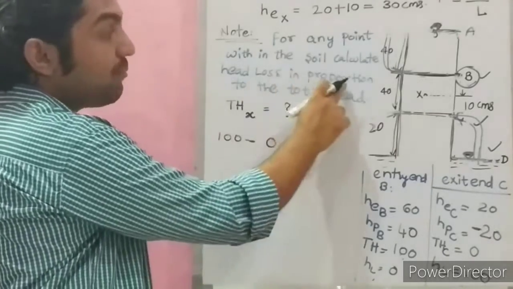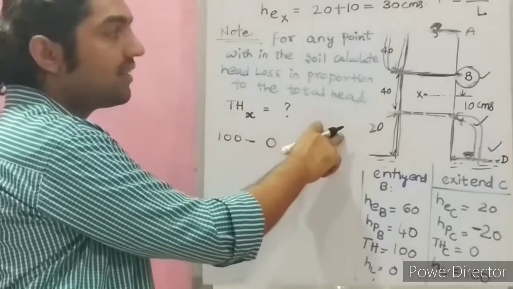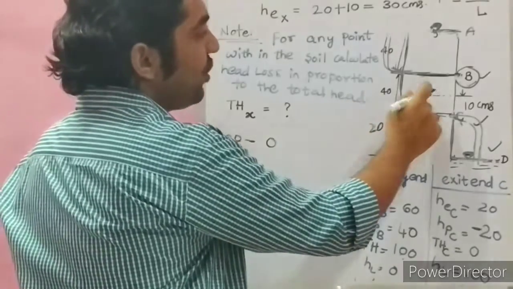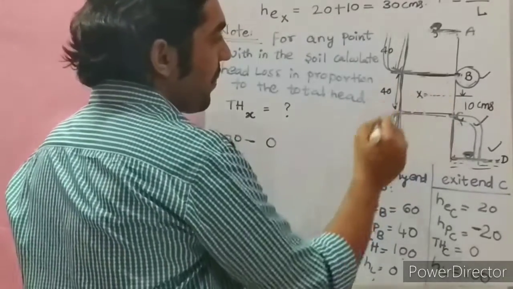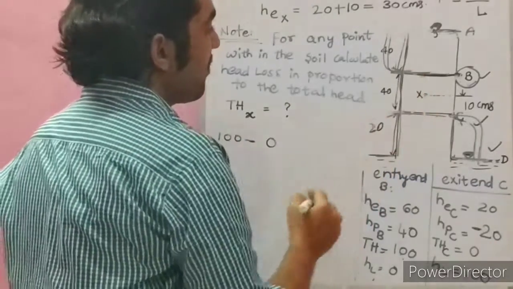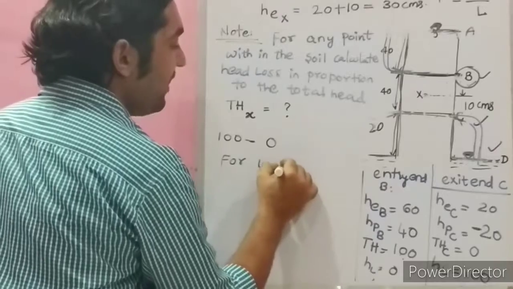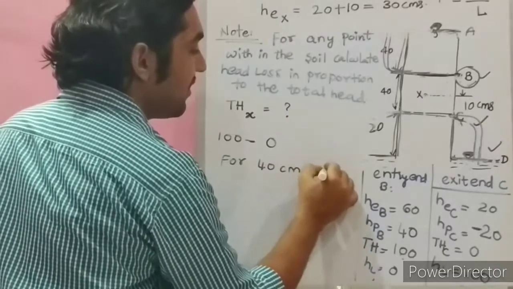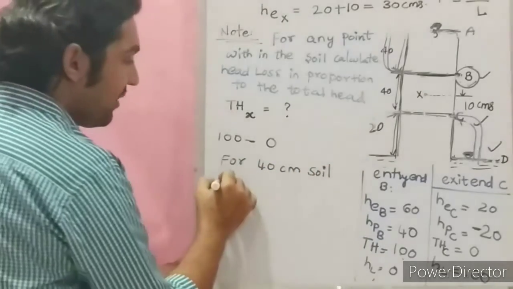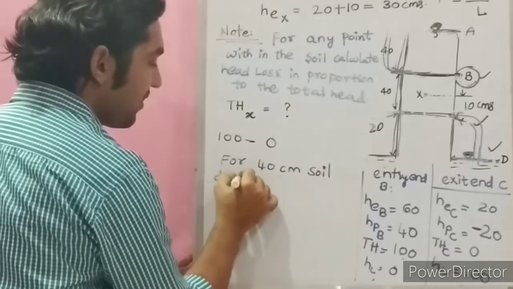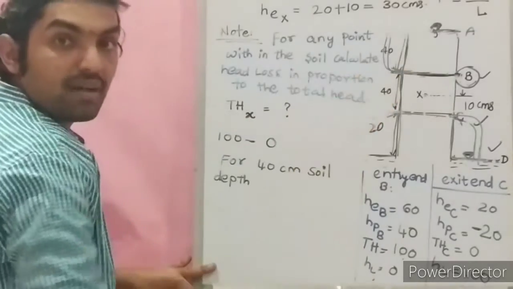Calculate head loss in proportion to the total head. So, for 40 centimeters of soil depth, this is the depth of soil mass only.